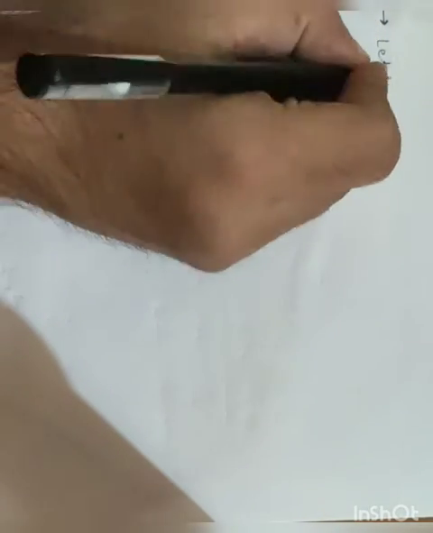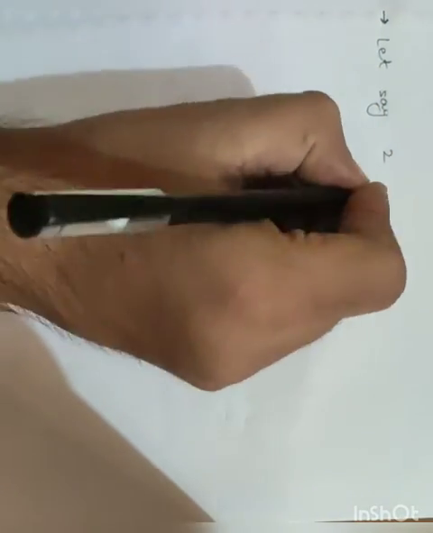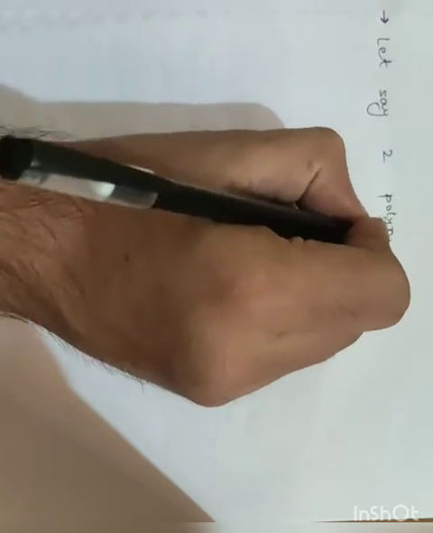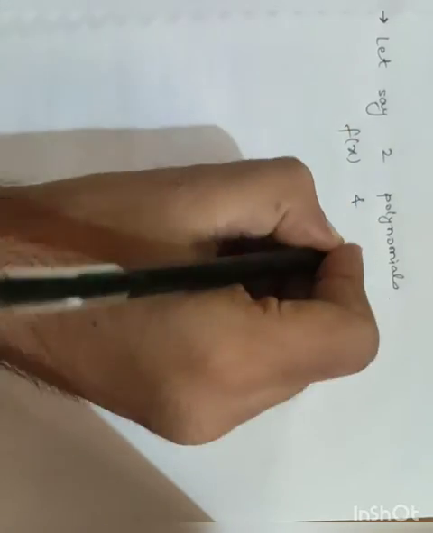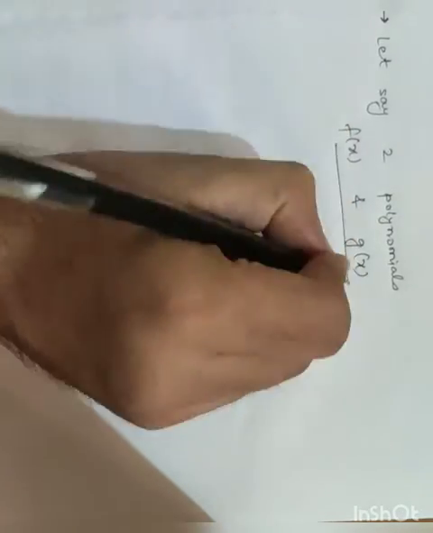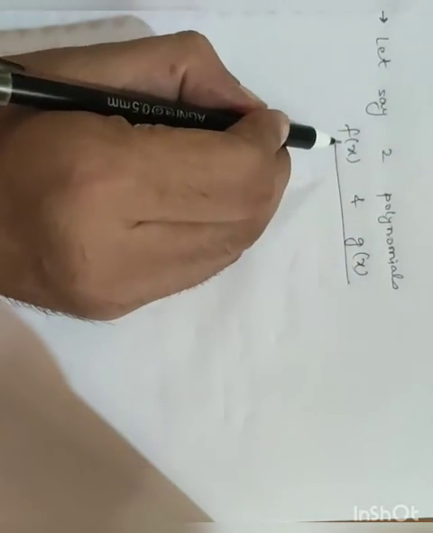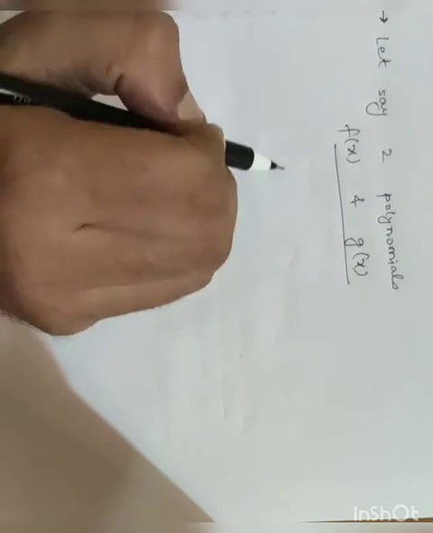Let's say we have two polynomials f(x) and g(x). It is given that f(x) equals g(x).